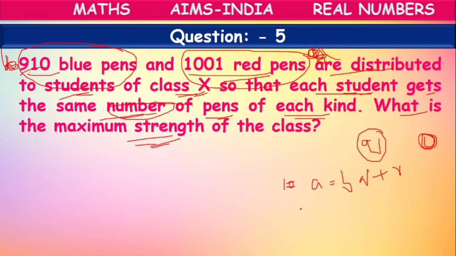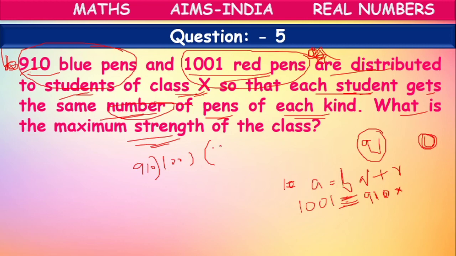Suppose I take the dividend as 1001 and the divisor as 910. Then 1001 with 910, how many times will we get?